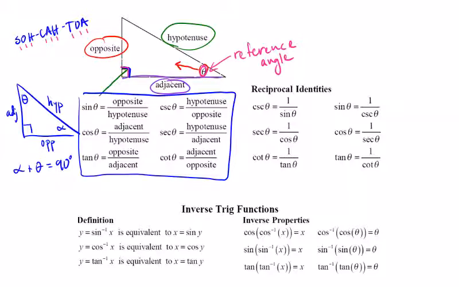All right, so now the reciprocal trig functions. If you look, they're basically sine, cosine, and tangent, but flipped over. So cosecant, instead of opposite over hypotenuse, is hypotenuse over opposite. So cosecant is 1 over sine. It's the reciprocal of sine.